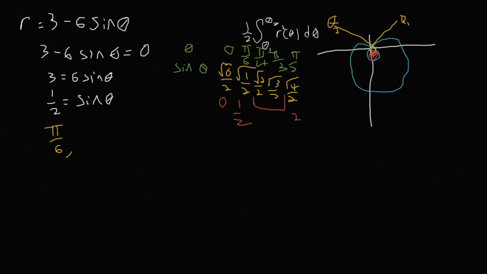So the reference angle is basically the angle from the x-axis that has a specific angle. So we want to be in the second quadrant, but have an angle of pi over 6 from the x-axis upwards.